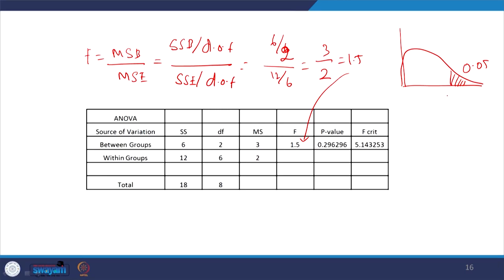For example, you look at the table, it will give you 5.14, but your calculated value 1.5 is lying on the acceptance side. So, this is the F table. So, you have to accept the null hypothesis. This is a simple intuition for how this concept of ANOVA is working. In the next class, we will do more theory behind this ANOVA, we will continue.